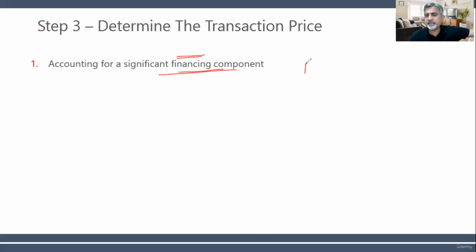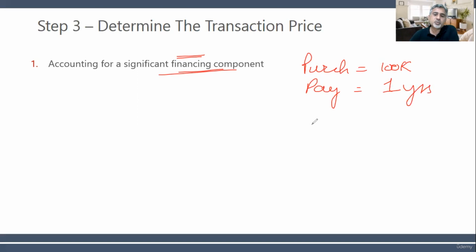Let's suppose that there is an equipment, you purchase equipment, the price you agreed for 100K and payment is made in 2 years time, or let's even call it 1 year time, after 1 year. So you purchase here and you are going to pay money here, 100K.